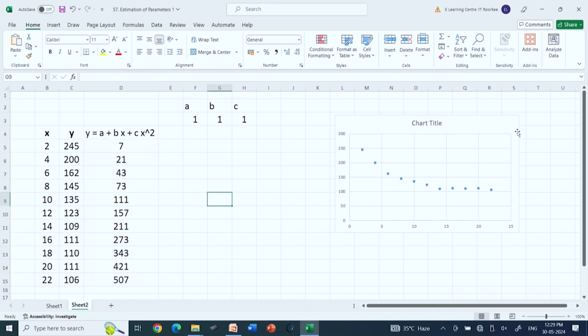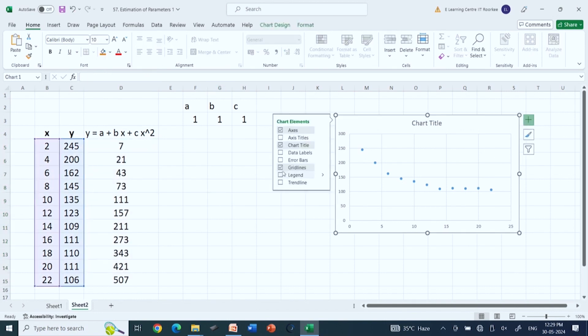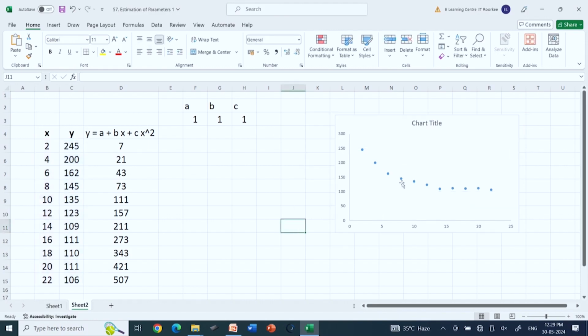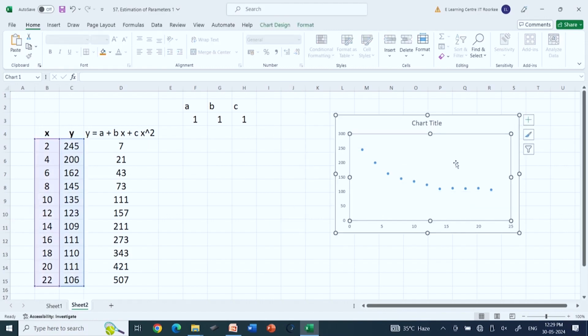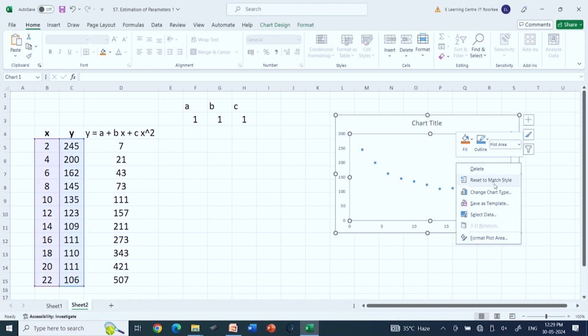So, the next thing is, let me quickly remove the grid lines. You click here, then right click and then select data.